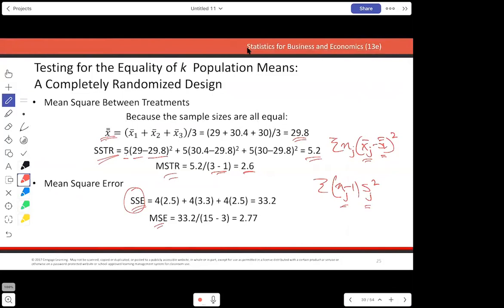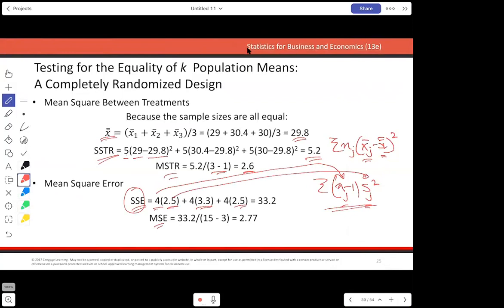So 5 minus 1 is 4. 4 times 2.5 was the variance for wax 1. 3.3 was the variance for wax 2. And 2.5 was the sample variance for wax 3. So we're using this formula right here. So 4 is nj minus 1, and the 2.5 is the s squared.